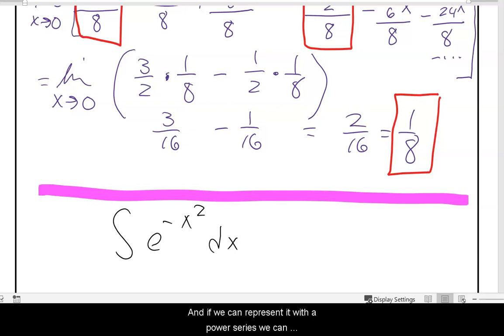And if we can represent it with a power series, we can do all kinds of things with it. Limits, derivatives, integration, just about anything we want. The error function turns up in all kinds of economic, statistics, probability, and engineering situations. It is a common function. We just don't have a known antiderivative in terms of an elementary function.